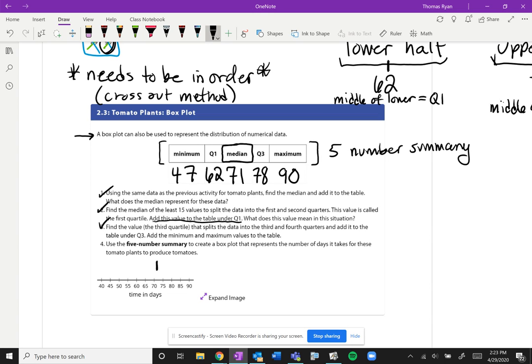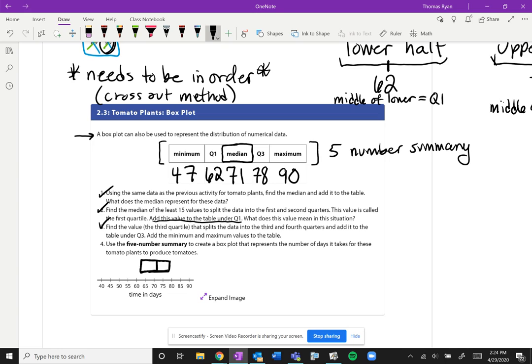Okay, this is where the box comes in. We're now going to extend the box over until we hit our Q3 value. So we hit about 78, and then we complete the box on the right side. Then we go to the other side until we get down to Q1 and extend the box until we hit about 62. That's where the box in the name Boxplot comes in.